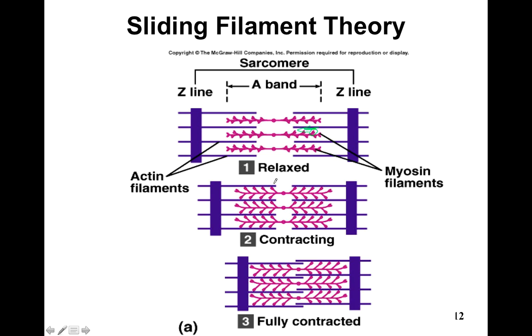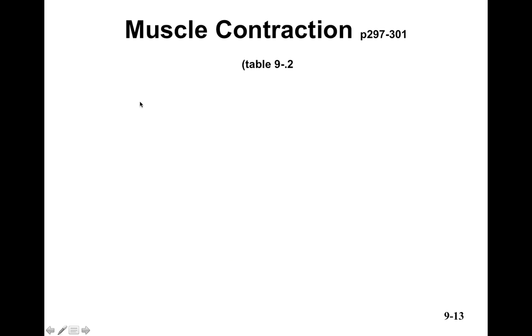So really, those H zones and I bands disappear or get much smaller because the myosin heads are pulling on those. This leaves you a lot of room because there should be 2 pages in your PowerPoint to write notes on, but you may need a little bit more.